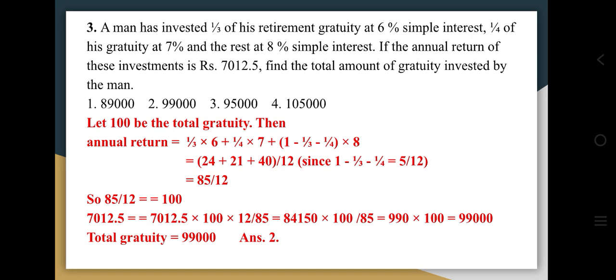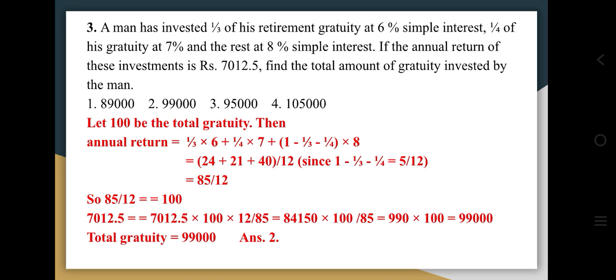So the annual return at 6% rate is 1/3 into 6, because for 100 it is 6, and we want 1/3 into 100. So it is 1/3 into 100 into 6 by 100, that is 1/3 into 6.